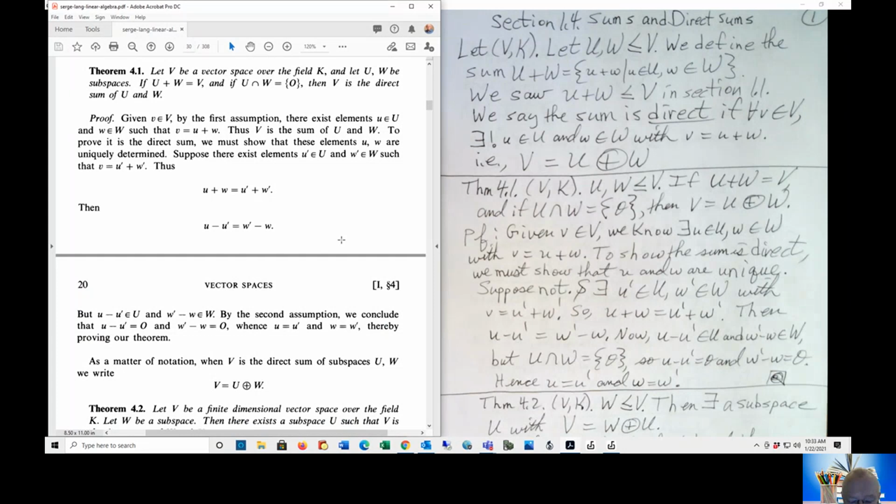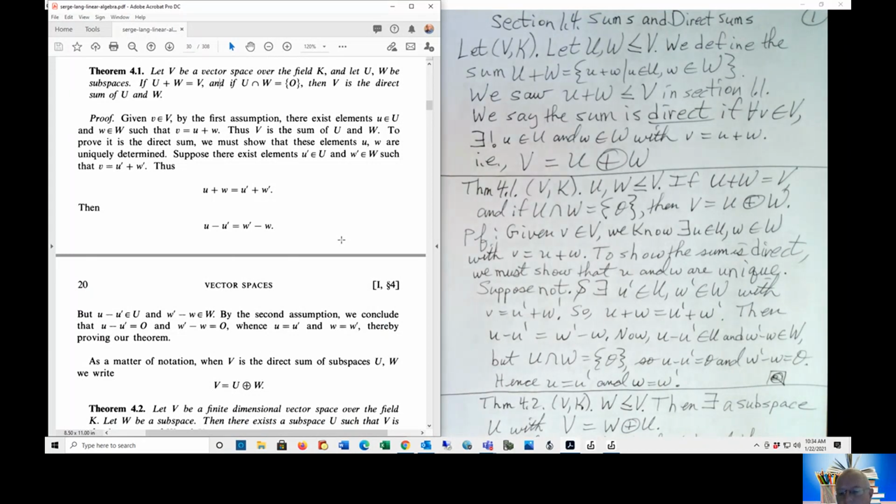If V is the sum of U and W, and if the intersection of U and W is trivial, only the zero vector, then V is the direct sum of U and W. The proof is simple. Let's look at it.